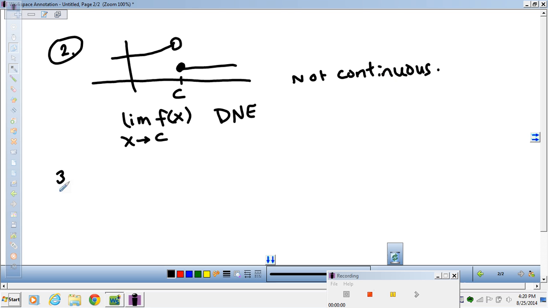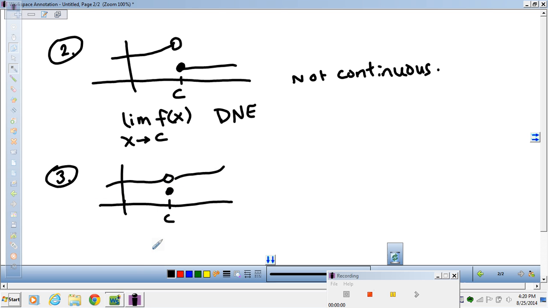And the last situation is number 3, when we have a function that has a hole and it is redefined somewhere else. So this is when the limit of f of x as x approaches c does not equal the point at c.